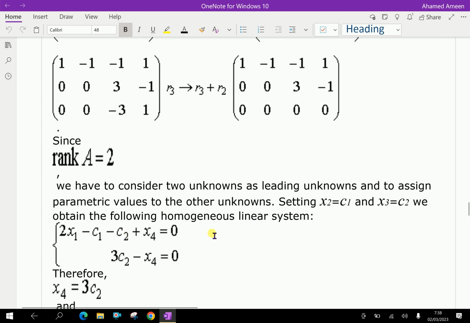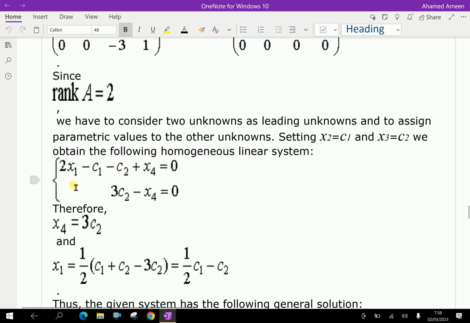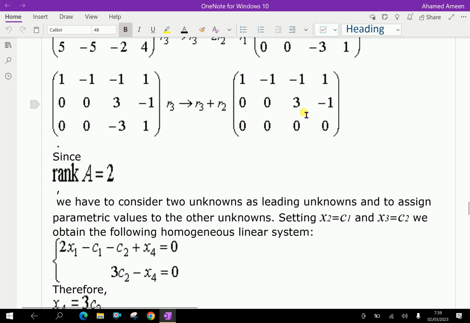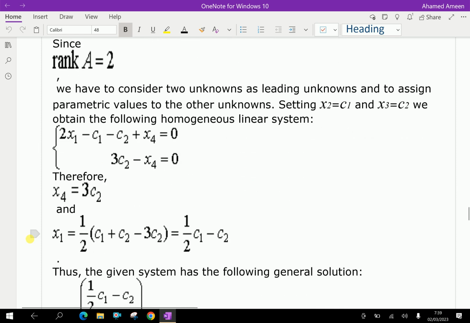We obtain the following homogeneous linear system: 2x1 plus x2, that is c1, plus x3, that is c2, plus x4 equals 3c2 minus x4. Therefore x4 equals 3c2, and x1 is half of c1 plus c2 minus 3c2.